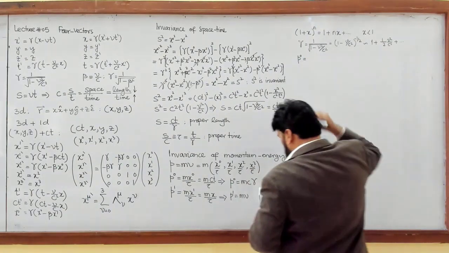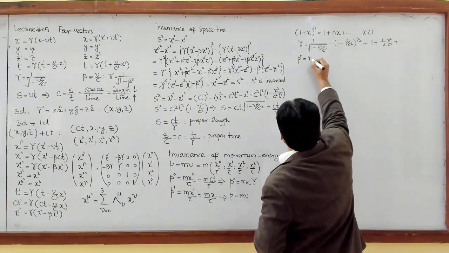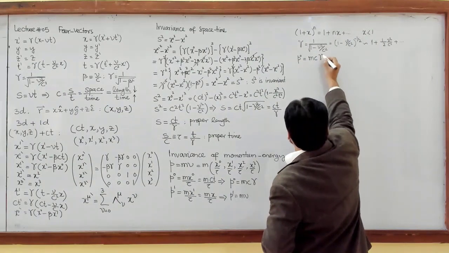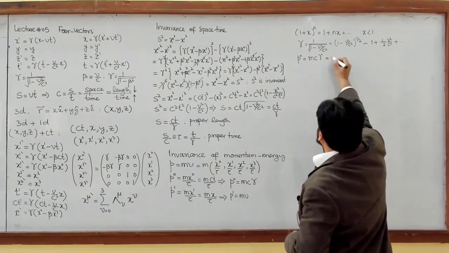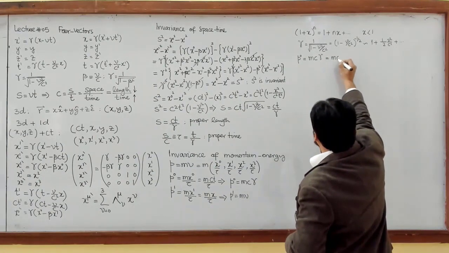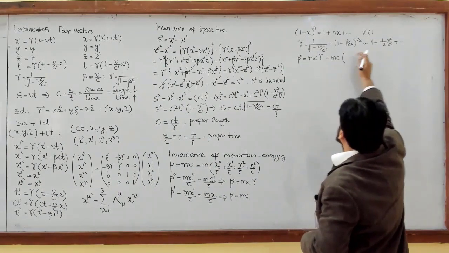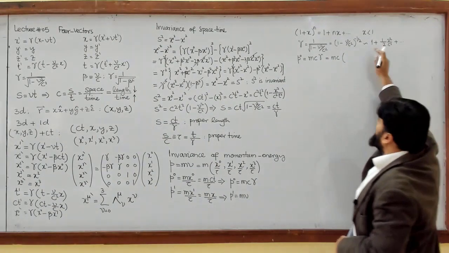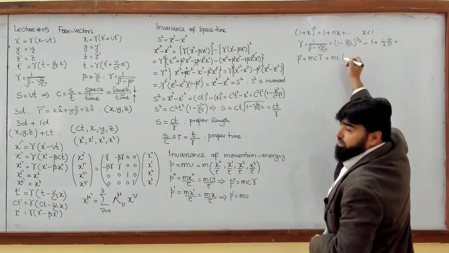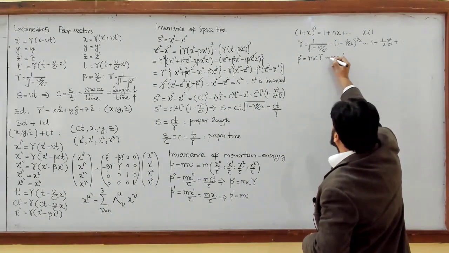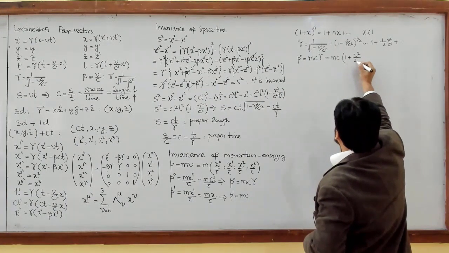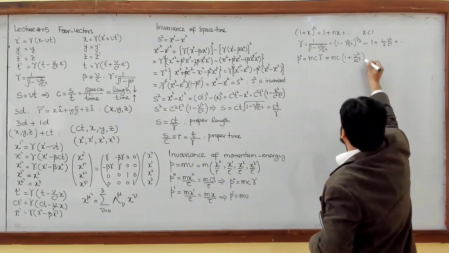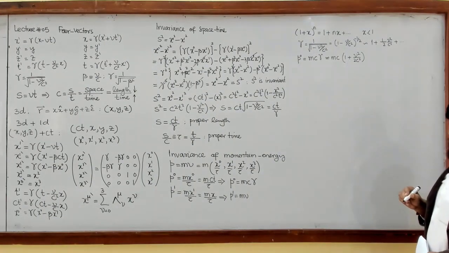P0 is equal to mc times gamma. And for gamma I can write that this is mc times this value. So this is approximately equal to 1 plus v squared over 2c squared, right?